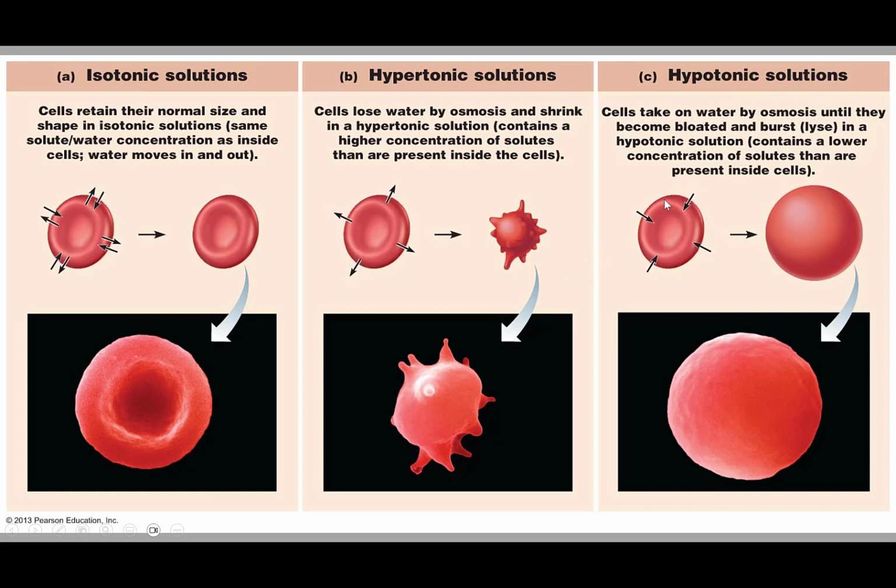If we drop a cell into a hypotonic solution, that means the cell is hypertonic, so there are more solutes inside the cell. It's going to suck water into the cell, and the cell is going to expand. And if it expands enough, it will pop. We say that it will lyse.